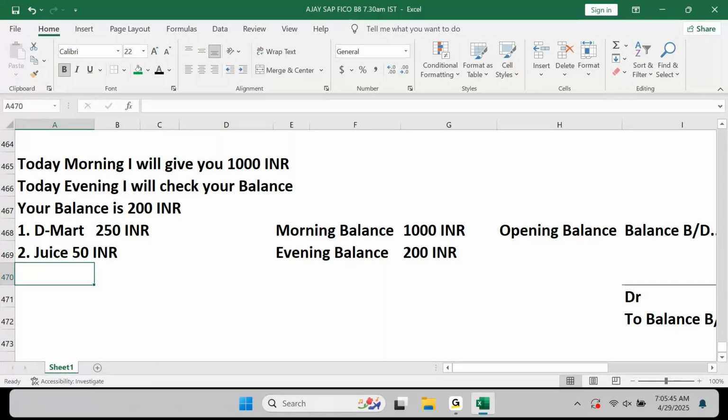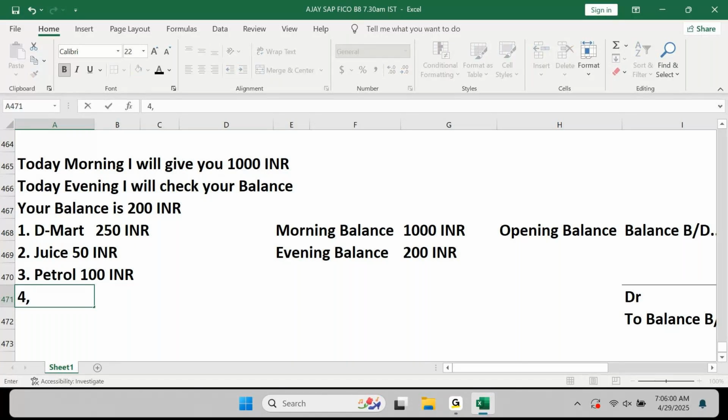Then I'll say for petrol, I spent 100 rupees. How much is it now? 400. Then I'll put some medicine, 200 now. 600.